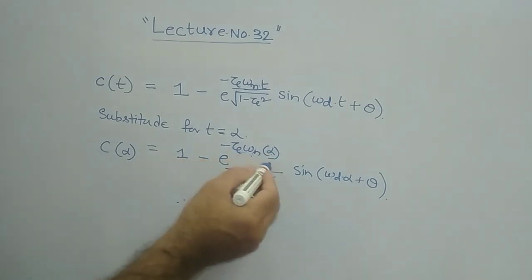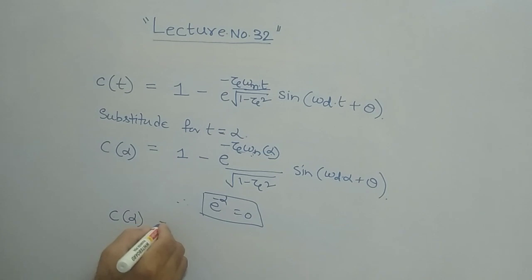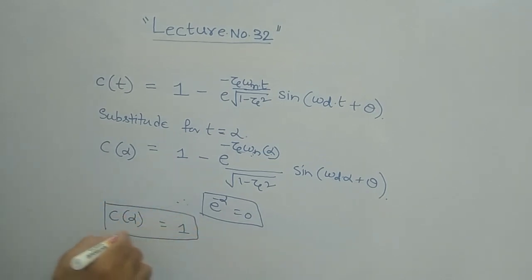Therefore 1 minus 0, the value of C of infinity becomes 1. So your final steady state value becomes 1. Remember that C of infinity, the final steady state value, is 1.